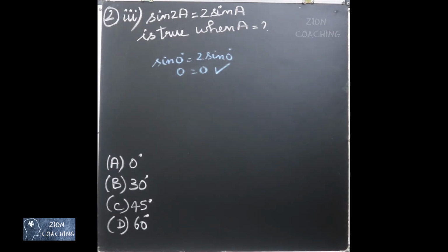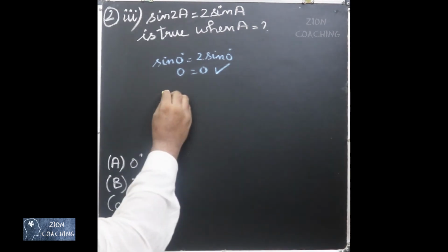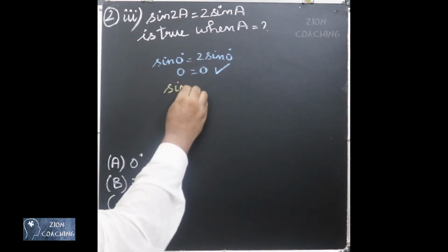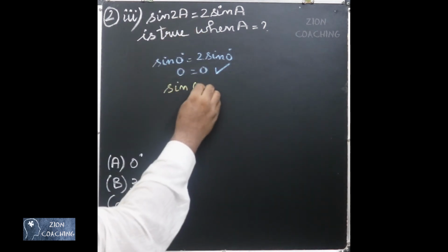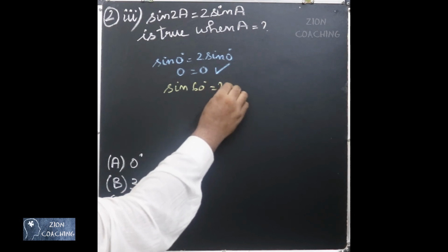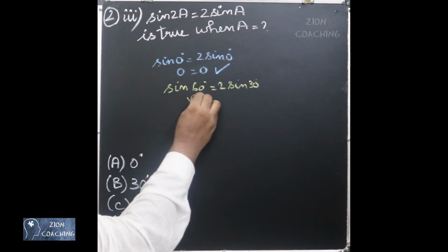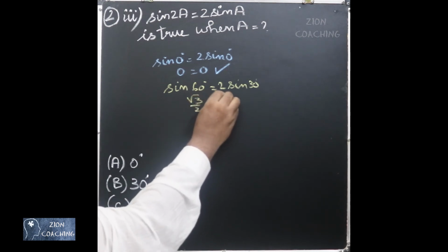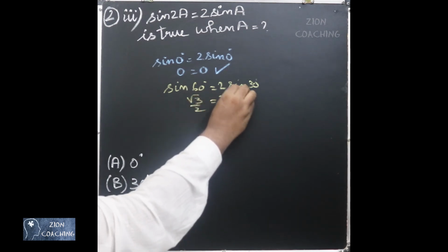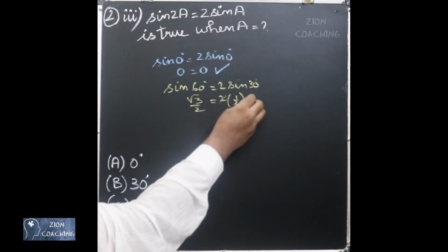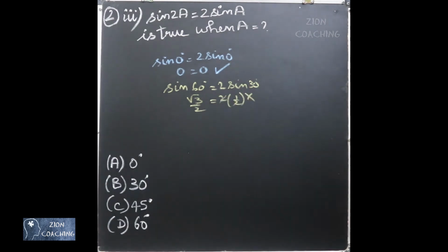Then when you substitute 30 degree, we will have sin 2 times 30 degree, that is 60 degree, equal to 2 into sin 30 degree. Sin 60 degree is root 3 by 2, equal to 2 into 1 by 2. 2 and 2 will get cancelled. So this condition is not true.